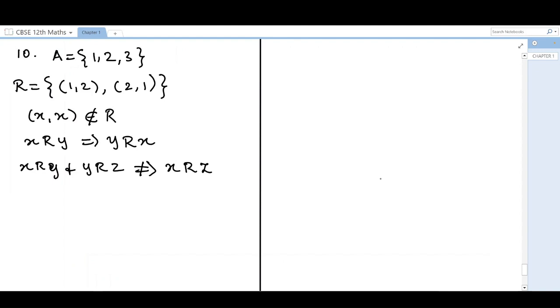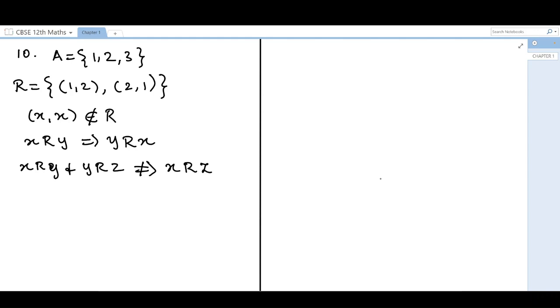We can also give one more example which we have already discussed, that set of straight lines where the relation is the two lines L1 and L2 are related only if L1 is perpendicular to L2. So here if you take two lines, they are perpendicular to each other.